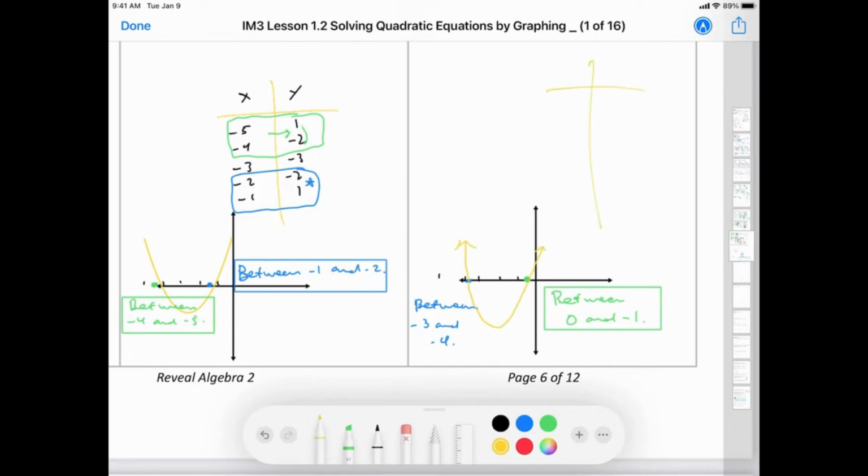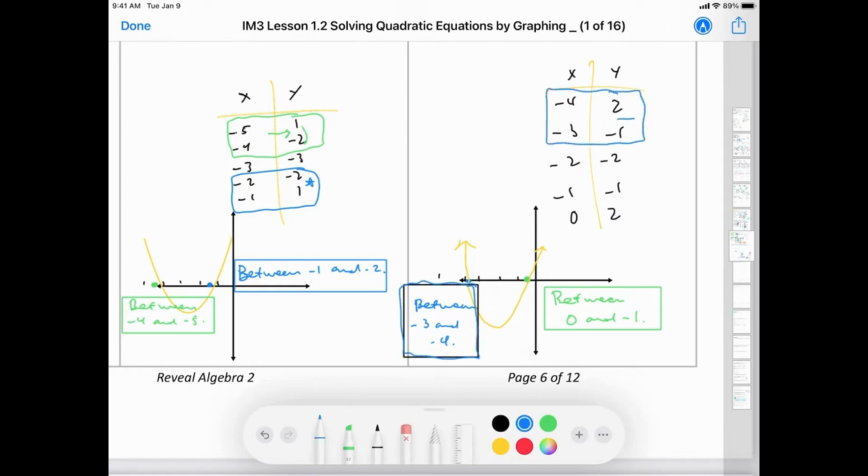And our table of values. Negative 4, 2, negative 3, negative 1, negative 2, negative 2, negative 1, negative 1, 0, 2. And so this in blue right here. Do you see how the y value is between this positive and negative 1? Same thing over here, between 0 and negative 1. It's between an x value of 0 and negative 1.